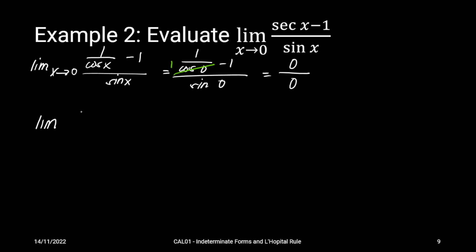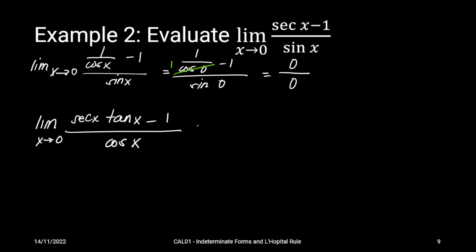of the derivative of secant x is secant x tangent x, sorry, minus 1 over cosine x. Diba? So, as x approaches 0.